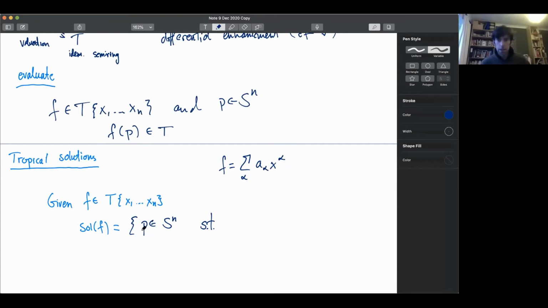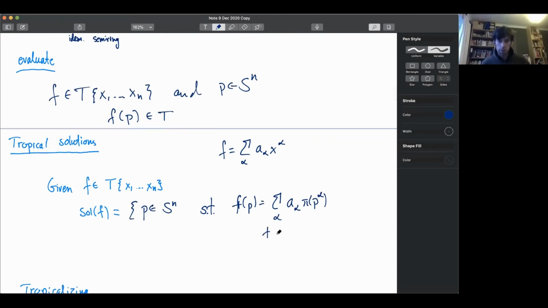So the solutions to F are going to be all the points P such that when I look at F of P, which means I'm going to look at the sum over alpha of A sub alpha, and now I've got to plug P into this differential monomial and then push it down from S to T, this summation tropically vanishes.